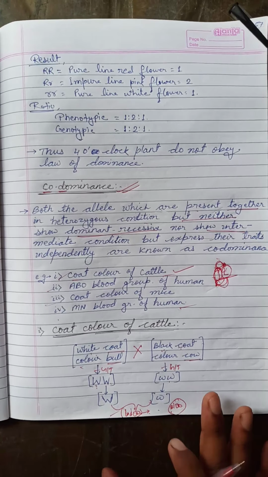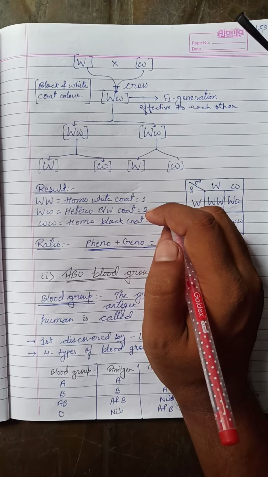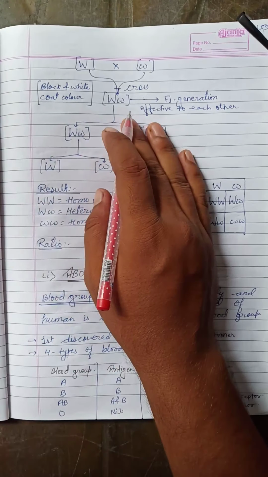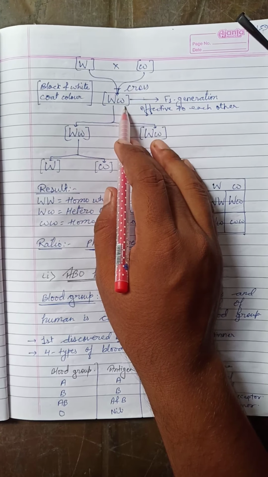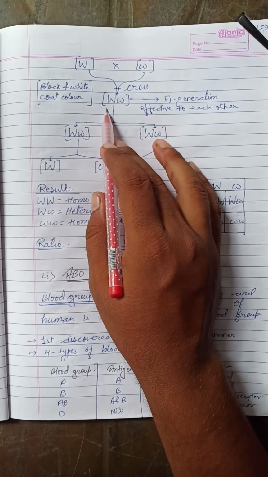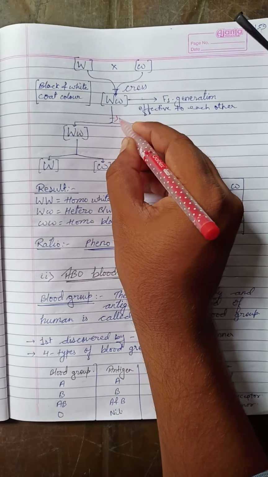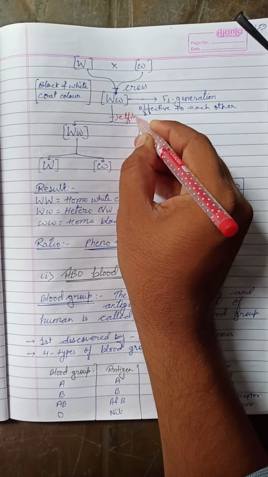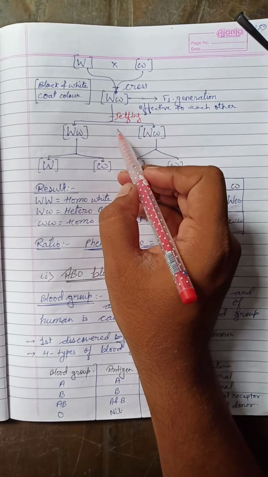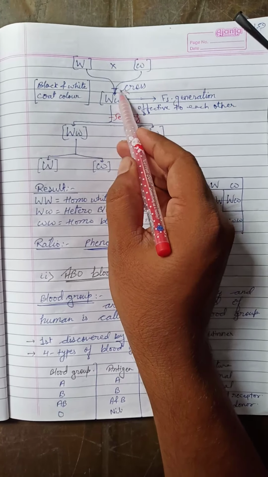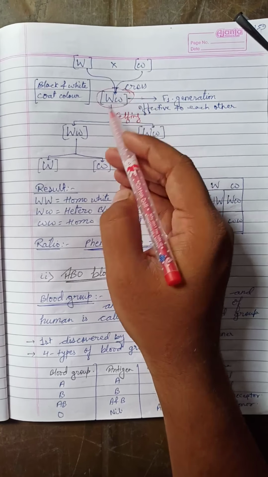Is it clear? Now look at here about the F2 generation. It is the F1 generation, as I told you, and it is equally effective to each other. And what will happen when the selfing will start? Selfing means the two same types of F1 generation will cross together.